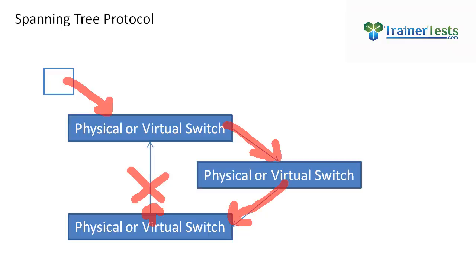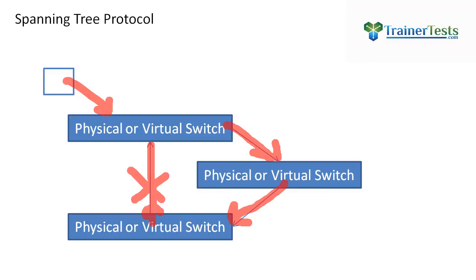Right, so spanning tree does a great job of automatically finding these loops, blocking the appropriate ports, and ensuring that we don't have these broadcast storms. But it does so at a cost. The network connection that we X'd out here is not usable now.